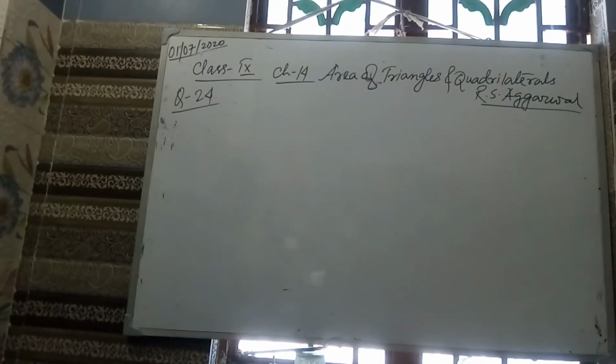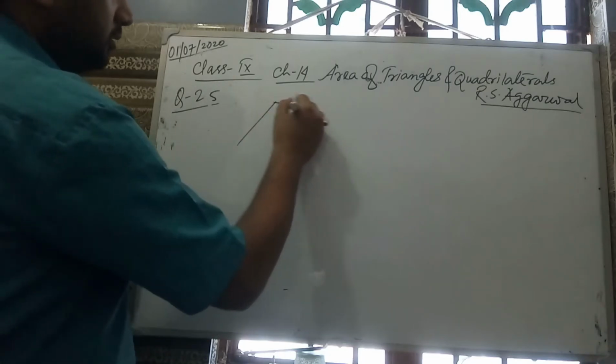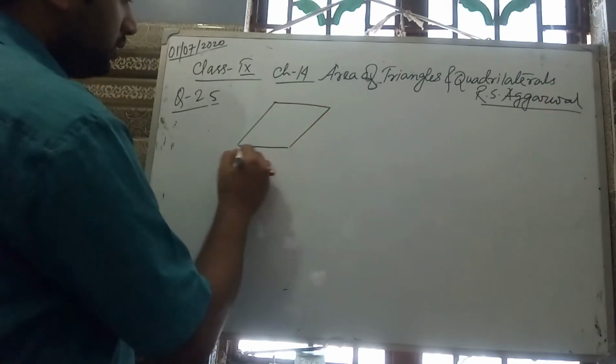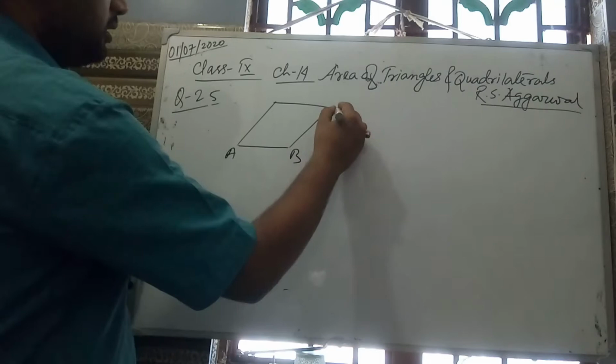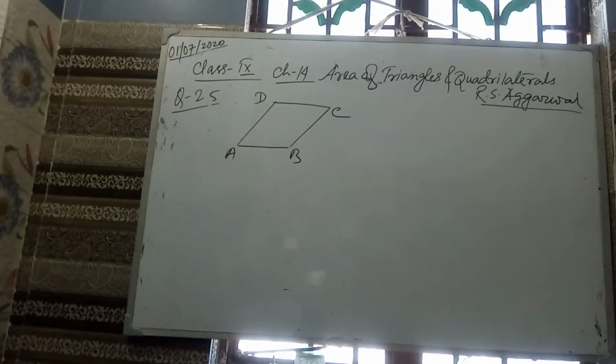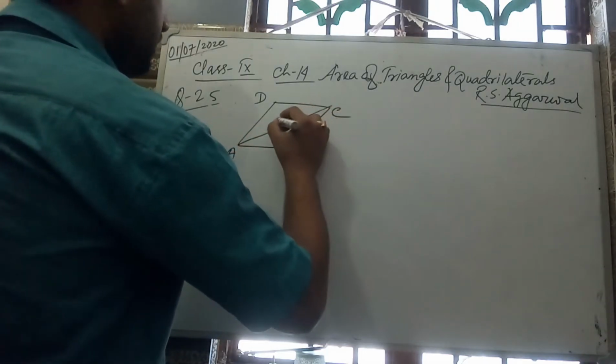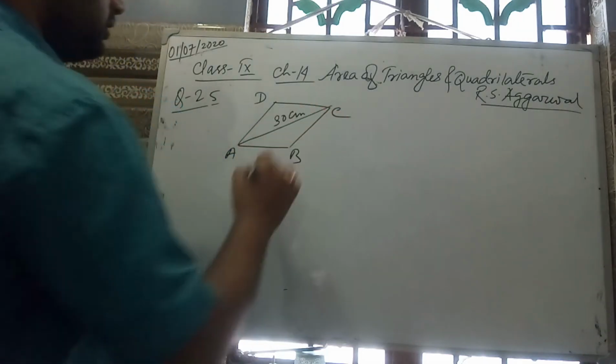So question number 25, what is given? Find the area of a parallelogram ABCD. A parallelogram ABCD is given. Now what is given? The diagonal AC is 30 centimeter.